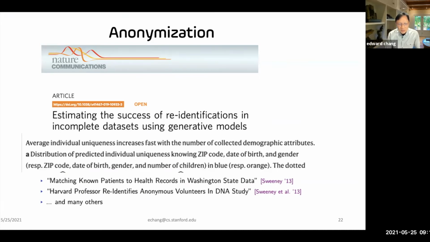So the experiment they did was they got about 300 users' data from the medical databases. Then they said, well, everyone was anonymized, so let's start to add additional information, let's say zip code and date of birth and so on and so forth. At the end, they said, well, we can accurately identify about 90% of people.